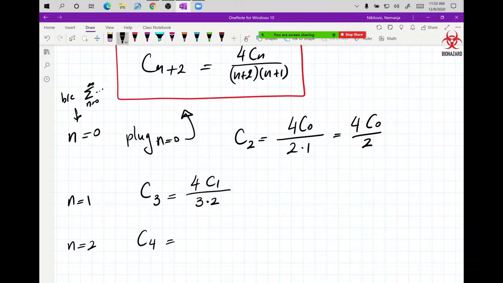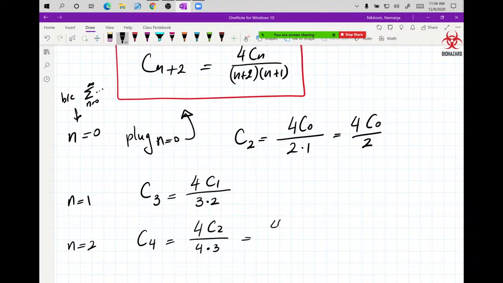How about my C4? When n is equal to 2, 2 plus 2 is 4, so C4 is going to be 4C2 divided by, and now this 2 is 2 plus 2, which gives me 4, and then times 3. Yes, I know that you can cancel 4 and 4, but let's not. What do I have here for C2 actually?